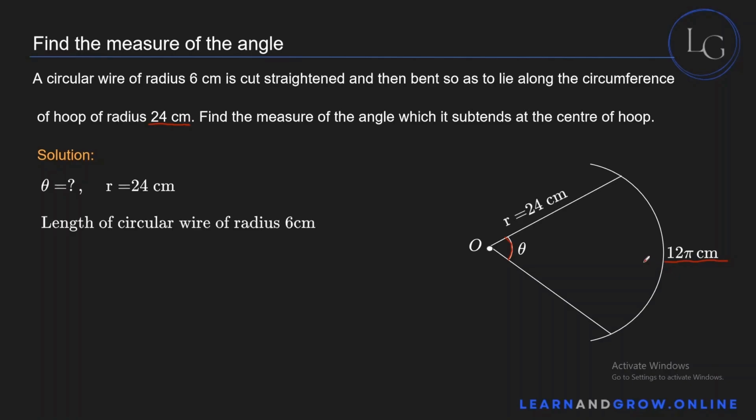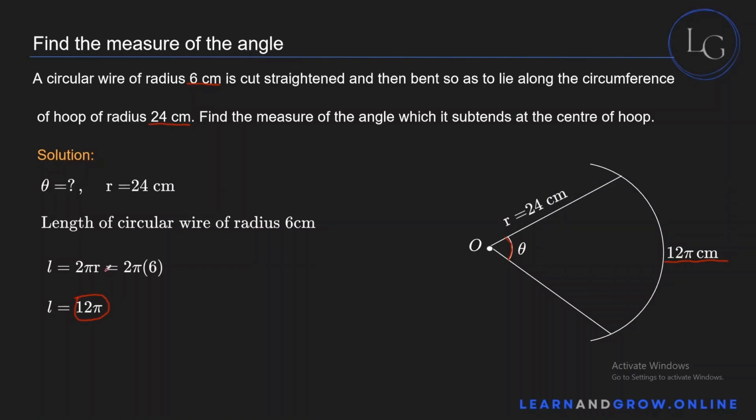So what do we do now? Length of the circular wire of radius 6 centimeters. Well, simple. L is equal to 2 pi r, so 2 pi times the radius, and that means that now we have the length of 12 pi, which is why you have this 12 pi over here. Since initially we had a circular wire of radius 6 centimeters, we'll use this 6 to find the total length of the wire.